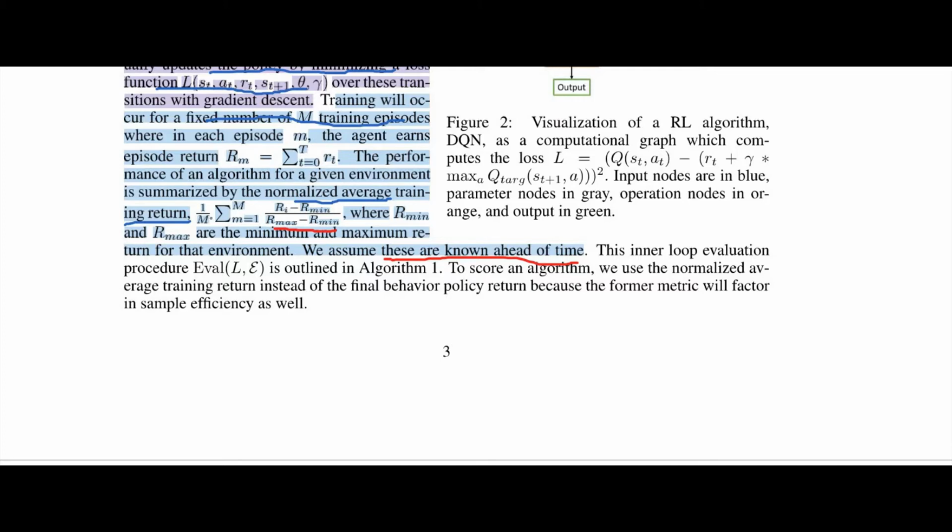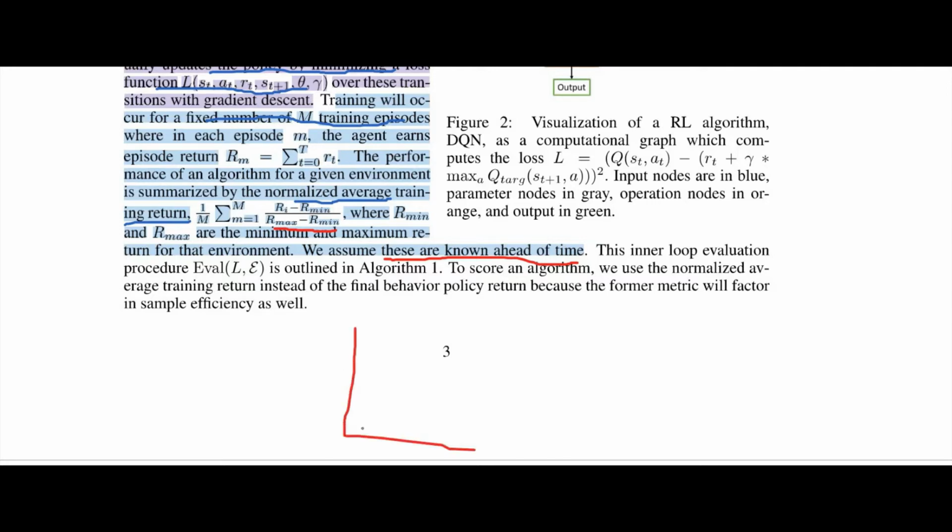Also, take notice that they have taken an average. So this will also account for sample efficiency, because this is a summation over the episode. So this is not just the final reward you get after you have trained the entire agent.